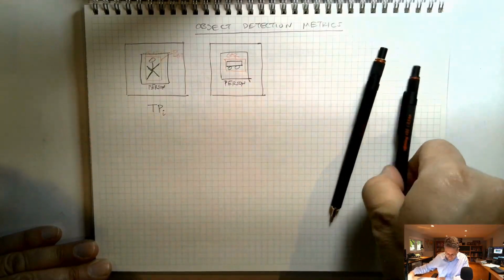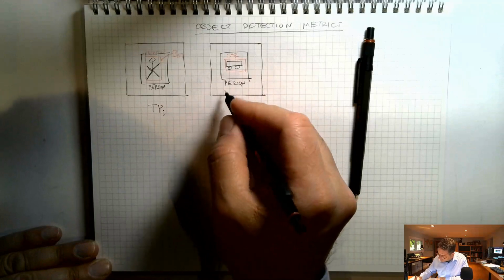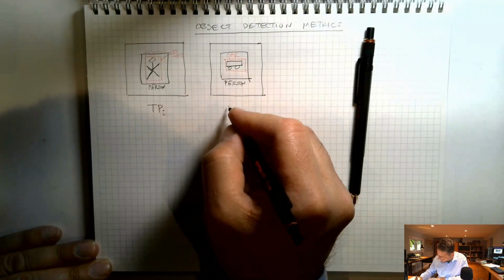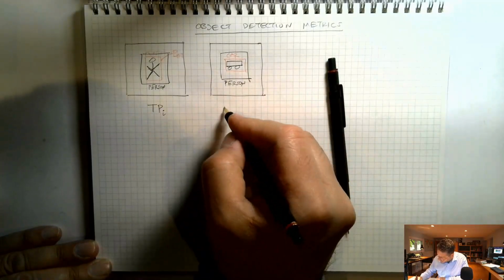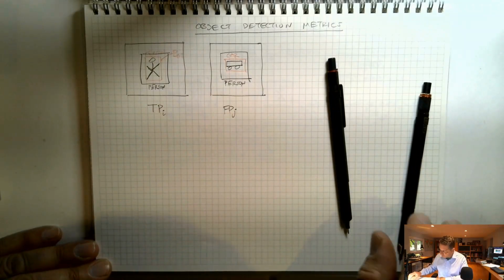So despite the presence of the bounding box around it, the class ID is different. So this will be called a false positive. And I'll use the index J for those false positives.